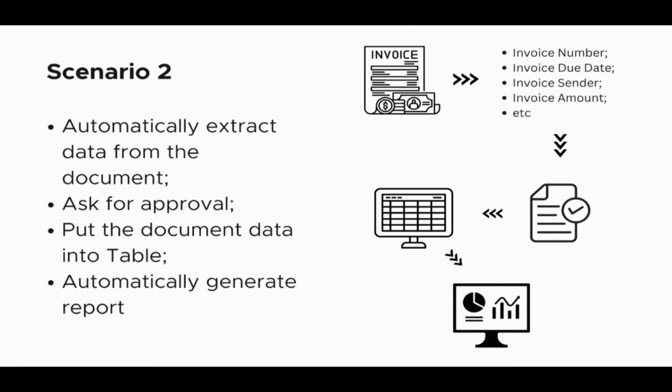Then we want to store the information from the invoice in the table. And then we want to automatically generate a report about how many invoices were processed, how many invoices were approved. So basically, we want to have a dashboard with all the input metrics that will help us to optimize our process.